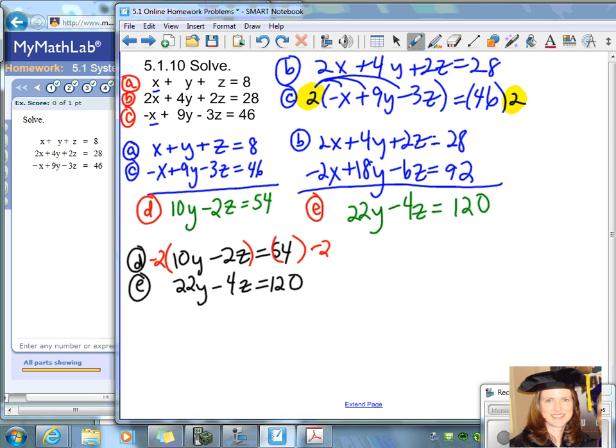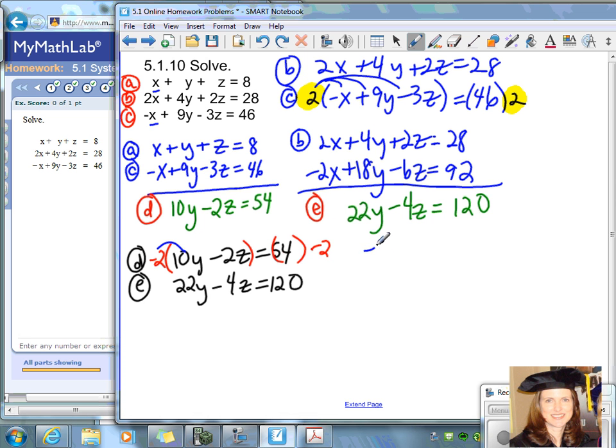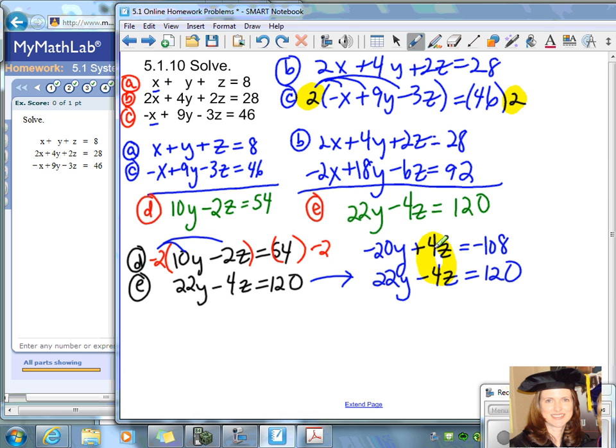So -2 times 10y is -20y. -2 times -2z is plus 4z. And 54 times -2 is -108. I'm going to combine that with equation E, 22y minus 4z equals 120. Now I have opposite z's. See how these are opposites?